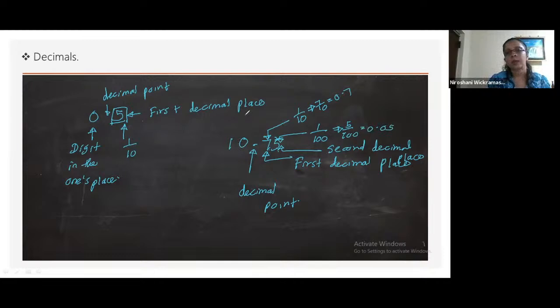Then in this one, the value represented by the ones place is 0. This is called the tens place. The value represented by the tens place is 1. It is easy for us to write decimals. A part of tenth we can represent as a decimal. One part of 10 we can represent as a decimal.